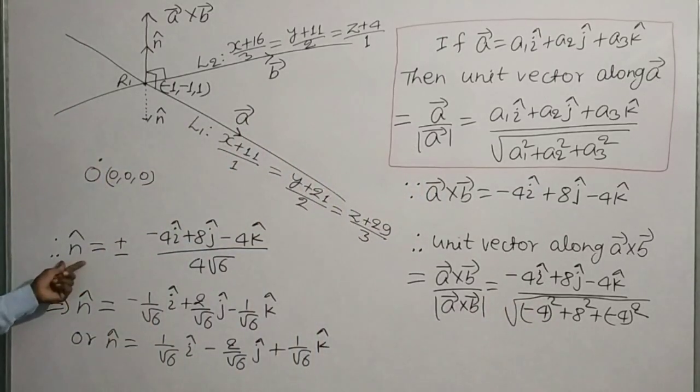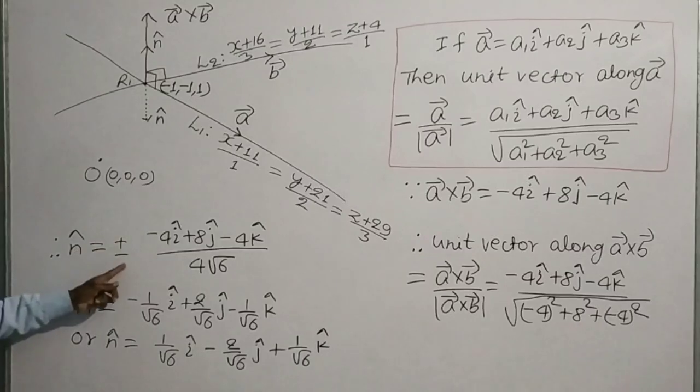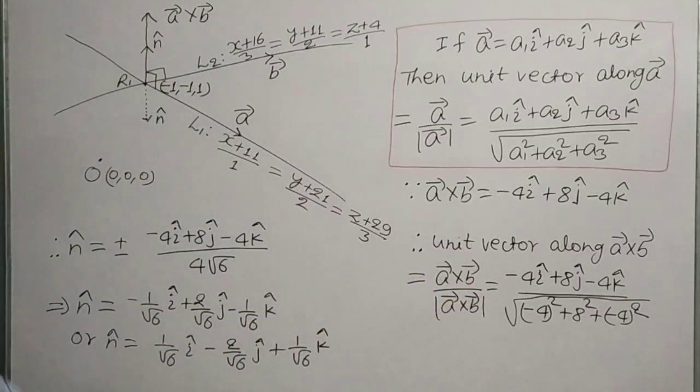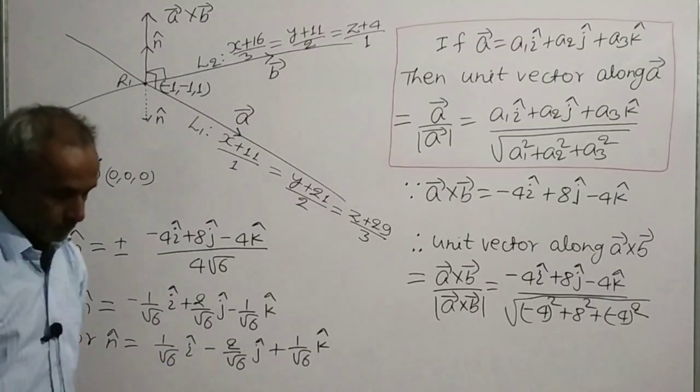Therefore, n cap will be equal to plus minus this. Taking the plus sign, we get n cap equal to this. Taking the negative sign, we get n cap equal to this.